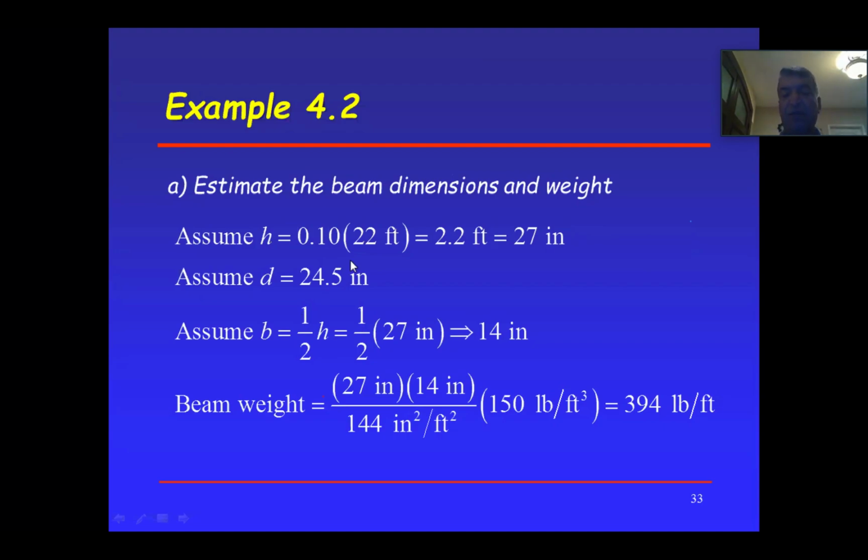But let me get off on a little tangent here. See this 10% as I just mentioned? In real life, from my experience, when I first graduated and started working, one of my bosses told me that, and I still remember. This 10% is a magic number, guys. Let's say, for example, I know the length of the span. Can I estimate the depth of it? Yeah, 10% of that. You're doing an estimate for a project.